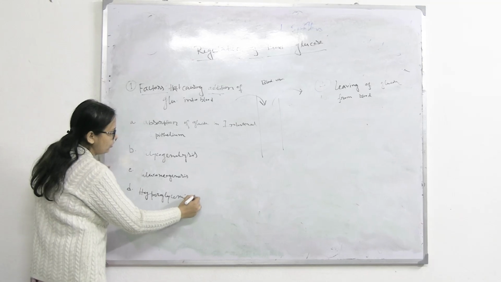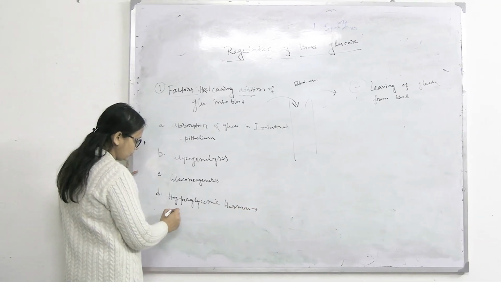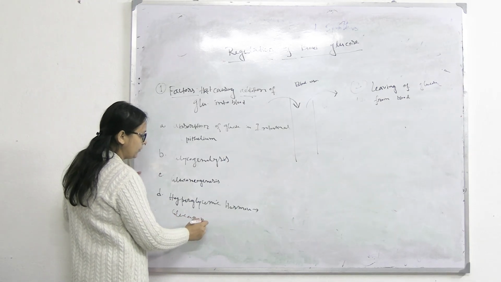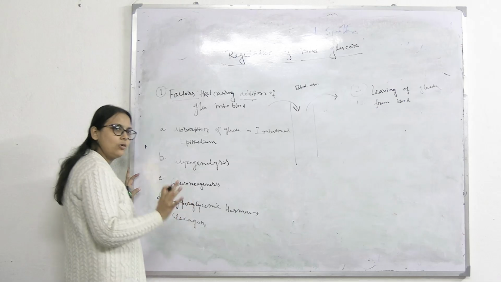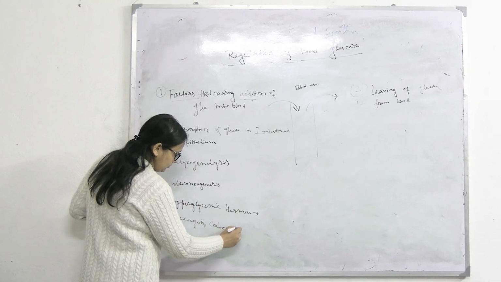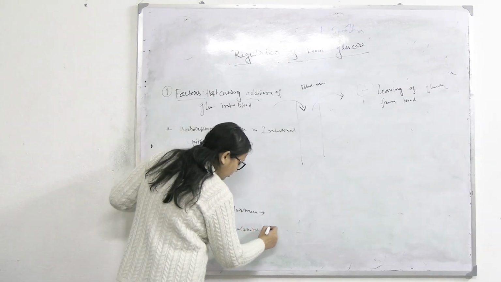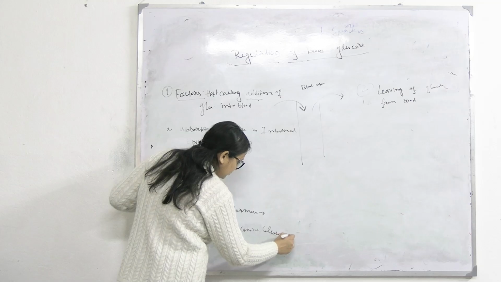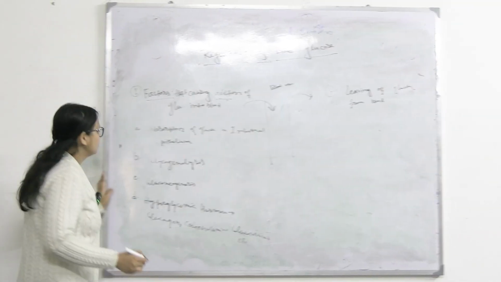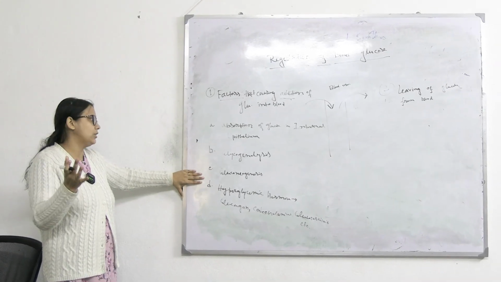Epinephrine and norepinephrine are called catecholamines. So these are the factors which cause addition of glucose molecules into the blood.